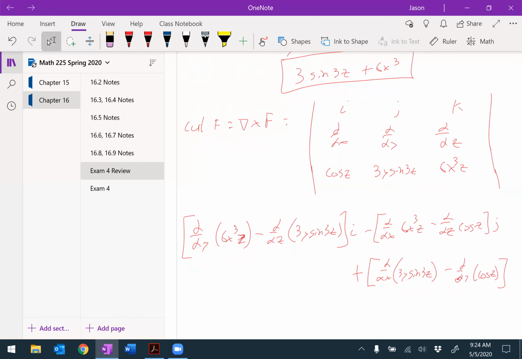Okay, so d/dy of 6x cubed z has no y values, so that just goes to 0.